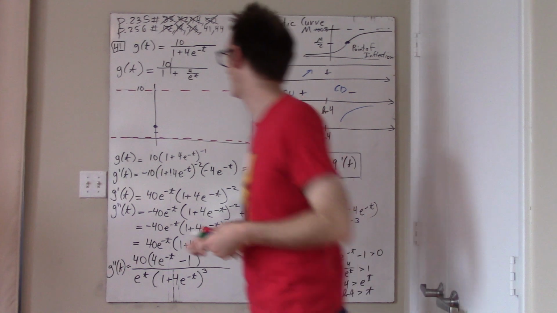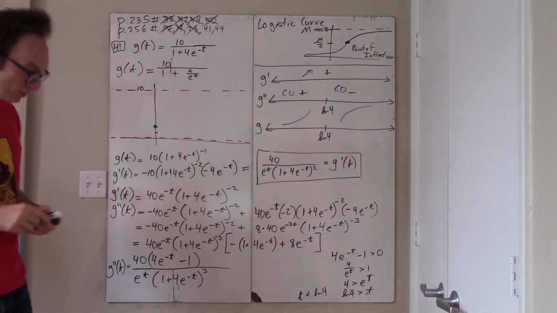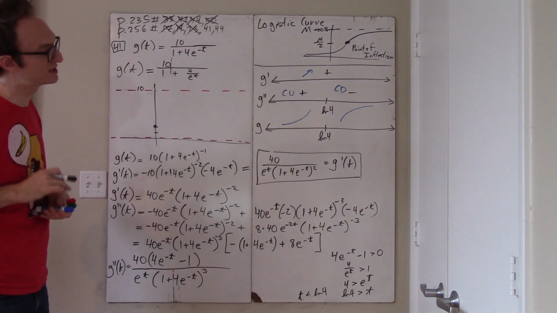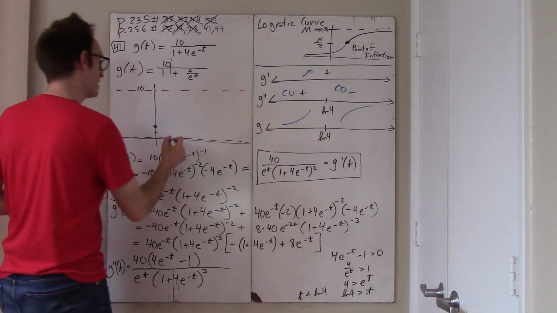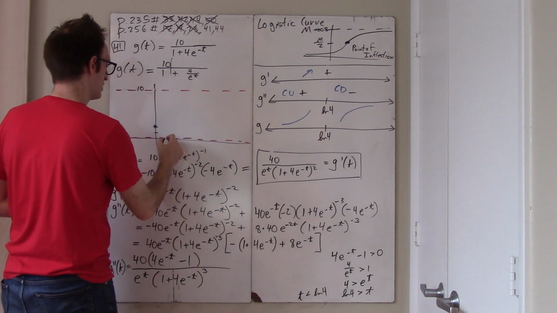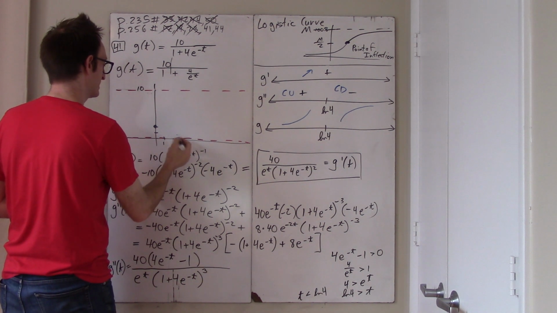And so when you put all of this together, you learn that ln 4, which is a little bit more than 1, so if that's 1 or whatever, then ln 4 is going to be over here somewhere.